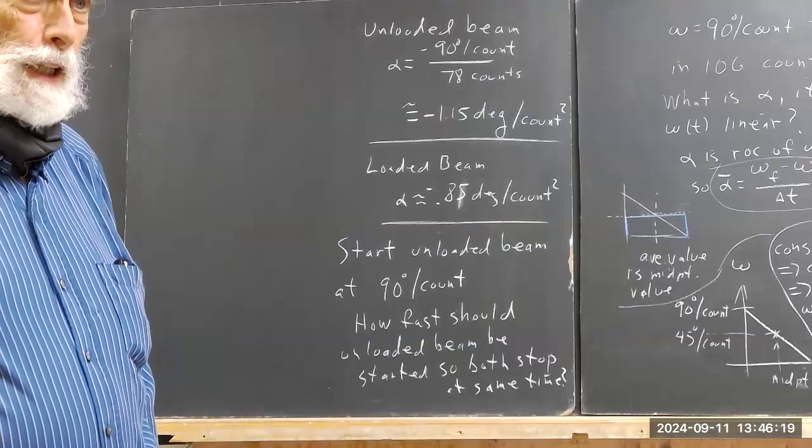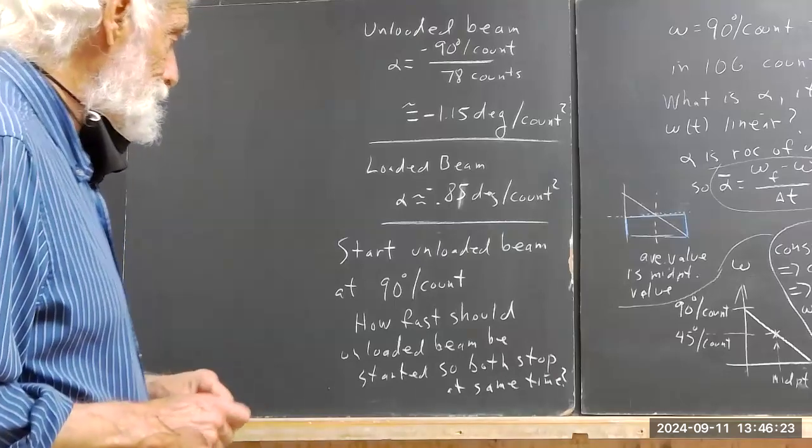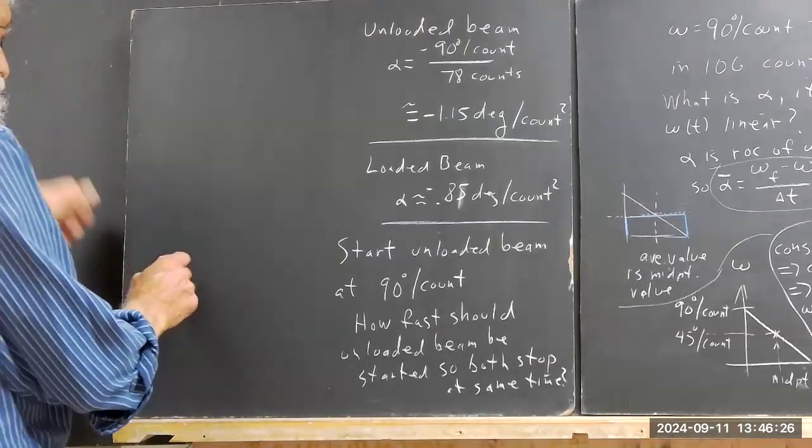So what speed should it start with to come to rest in 106 counts?